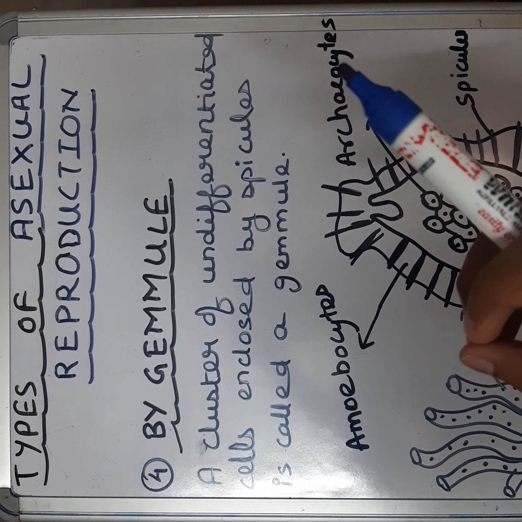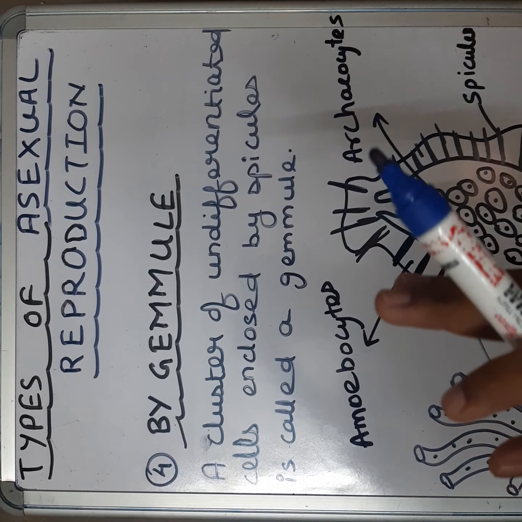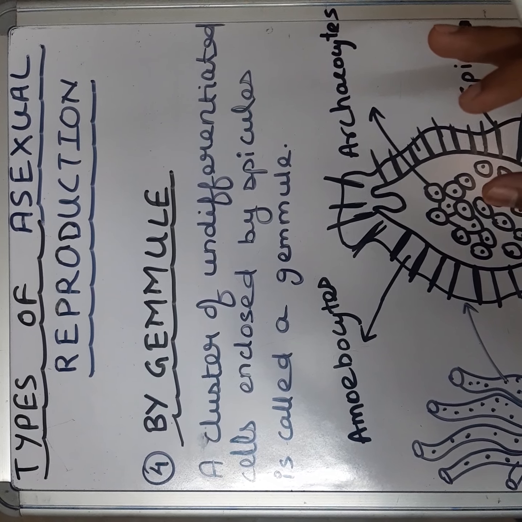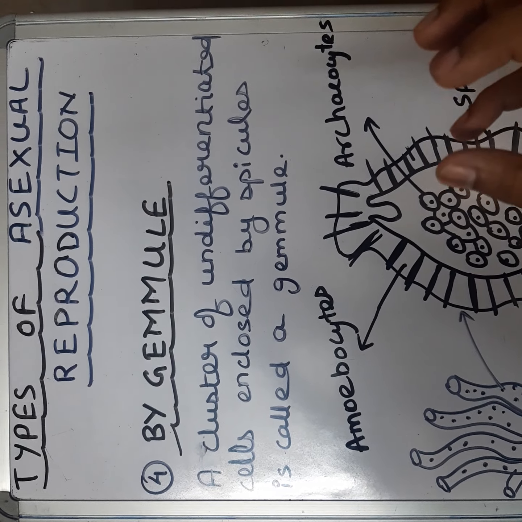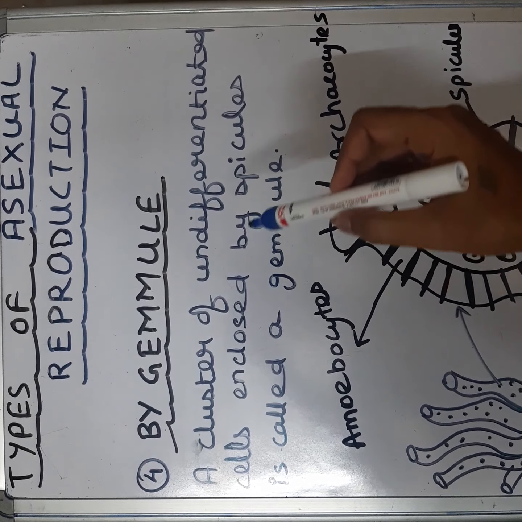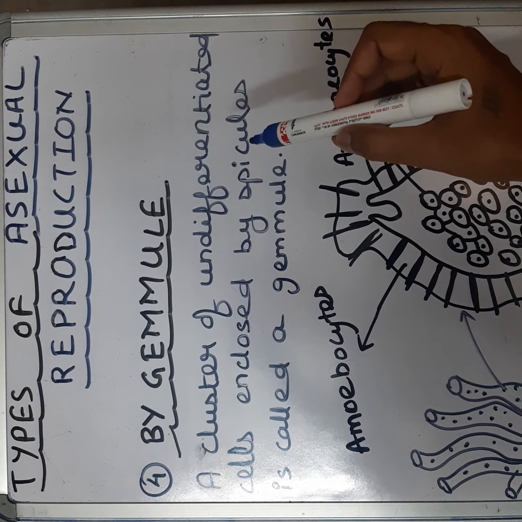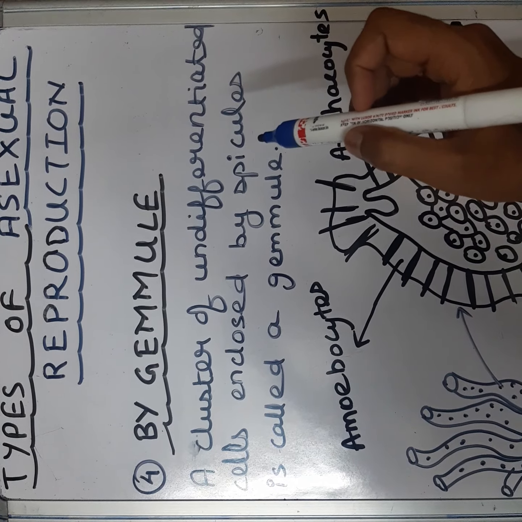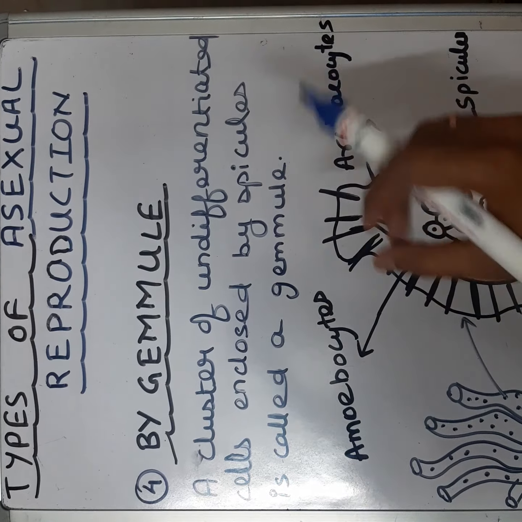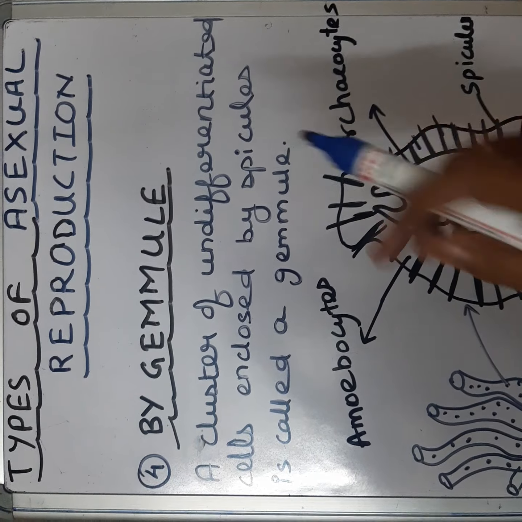An undifferentiated cell is a cell which does not have any work to do. That cell is called an undifferentiated cell. So the group of such undifferentiated cells is enclosed by spicules. Now spicules are elongated cells, they look like spines, and such a group of cells is called a gemule.